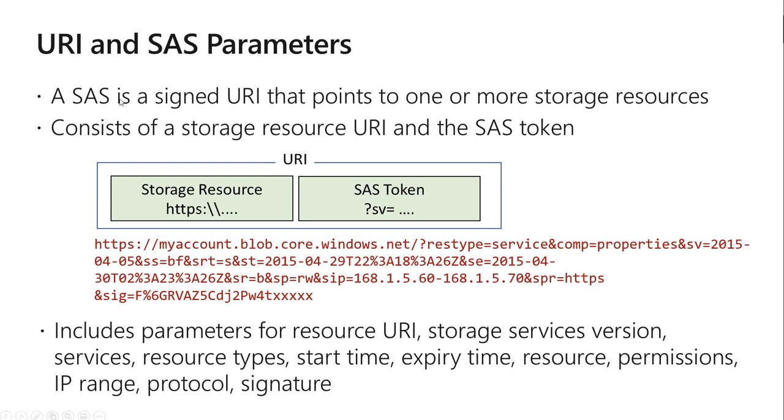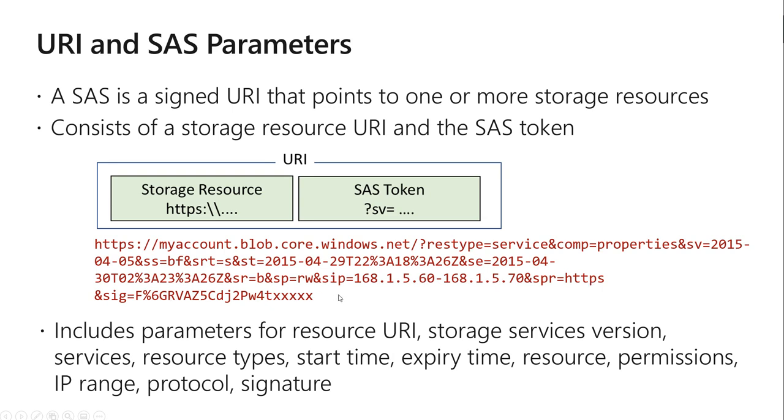You have the storage account URI, and the time you specify for access, for example from April 5th, 2015 until April 29th, 2015. That's the time it has access. Then the allowed IP address, HTTPS, and the key.